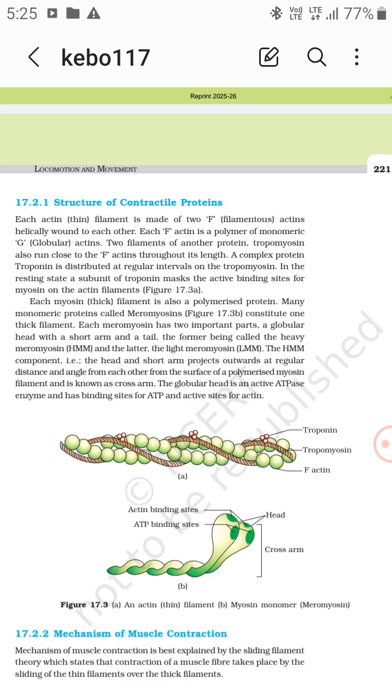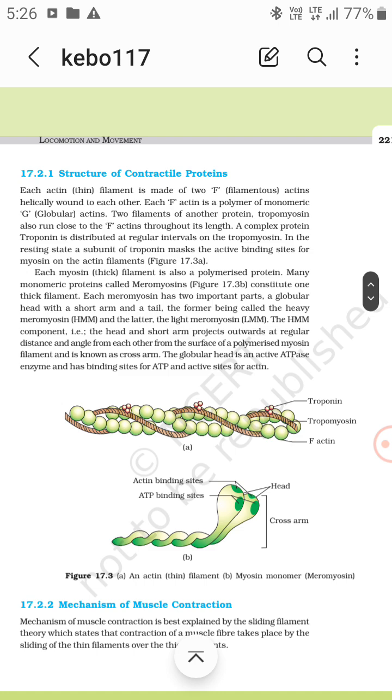Now a complex protein, troponin, is distributed at regular intervals on the tropomyosin. In the resting state, a subunit of troponin masks the active binding sites for the myosin on the actin filaments.